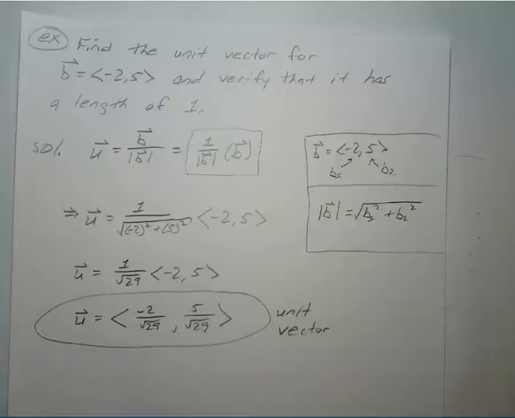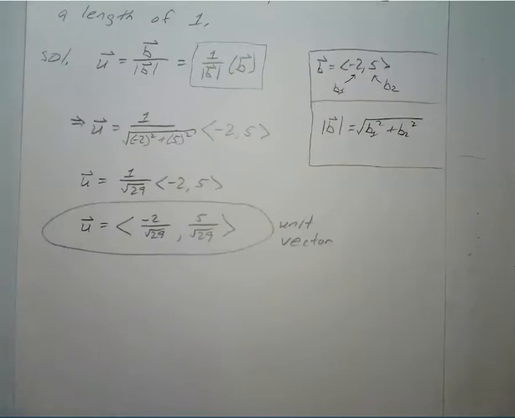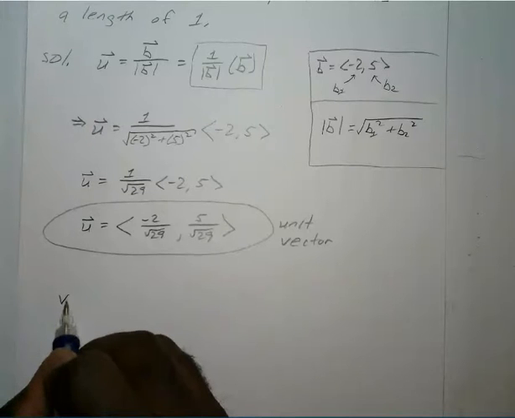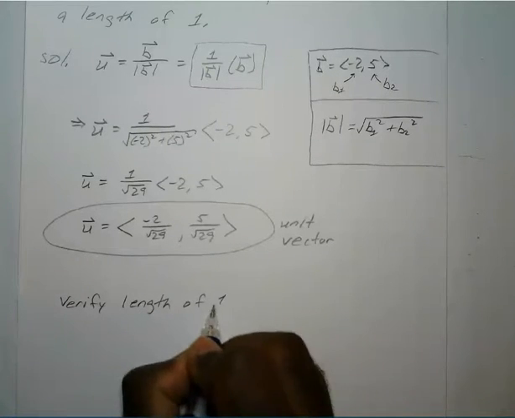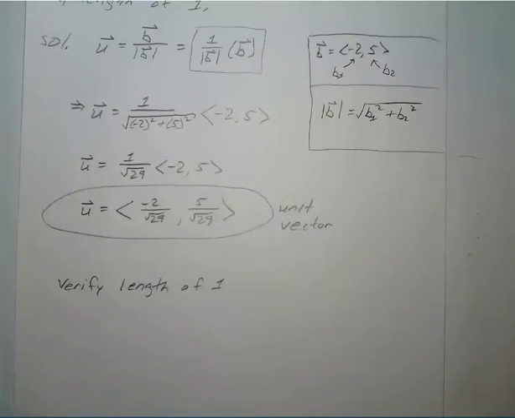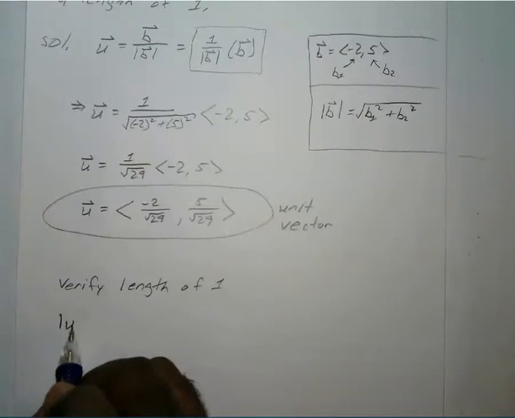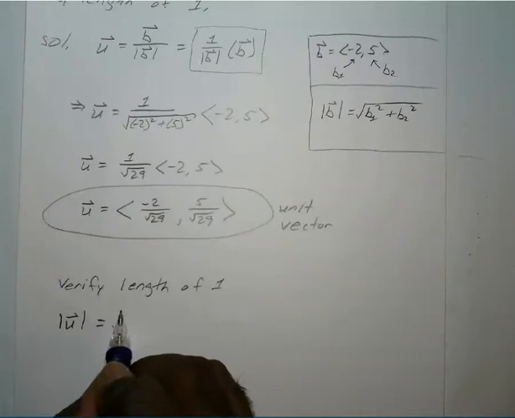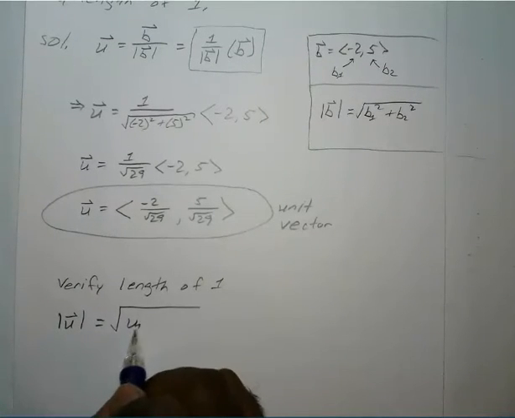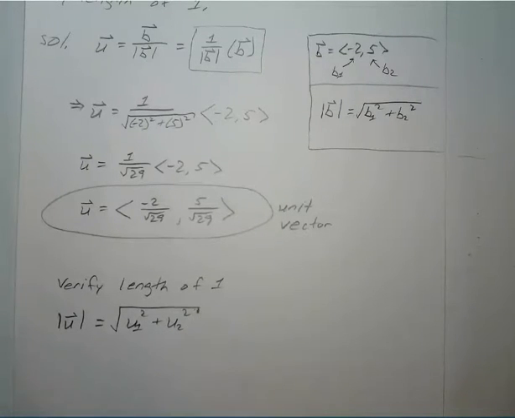Now we just have to verify that this unit vector has a length of 1. That means the magnitude of our unit vector is equal to the square root of the first component of our unit vector squared plus the second component of our unit vector squared.